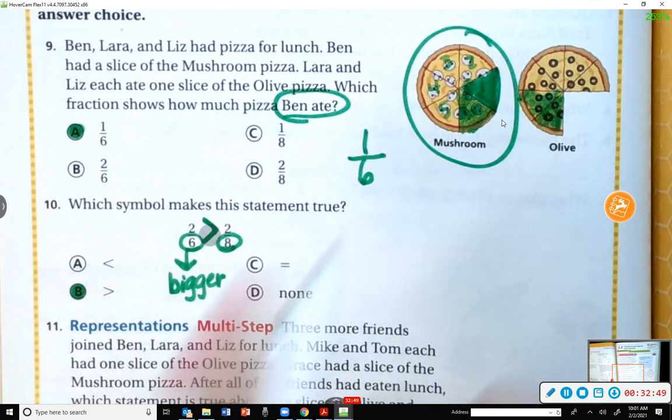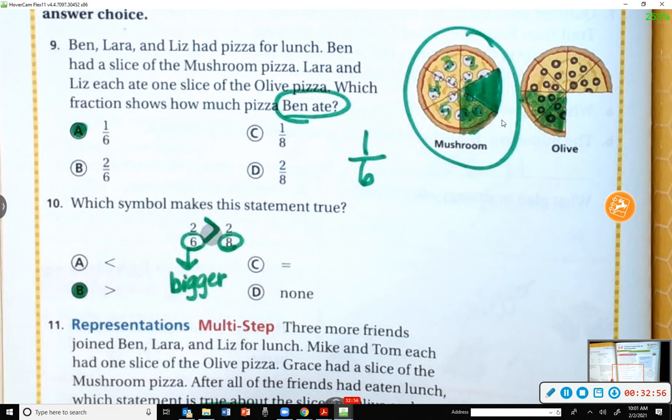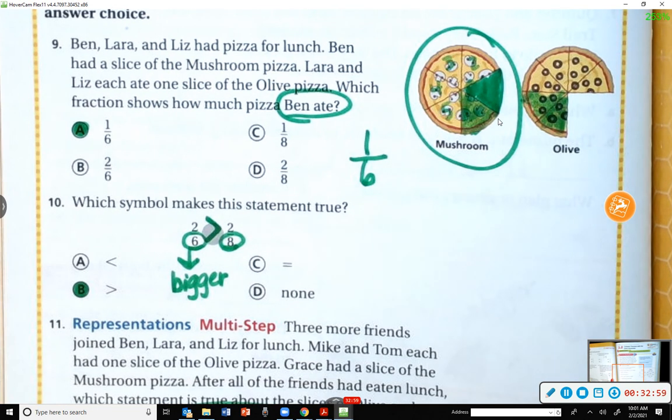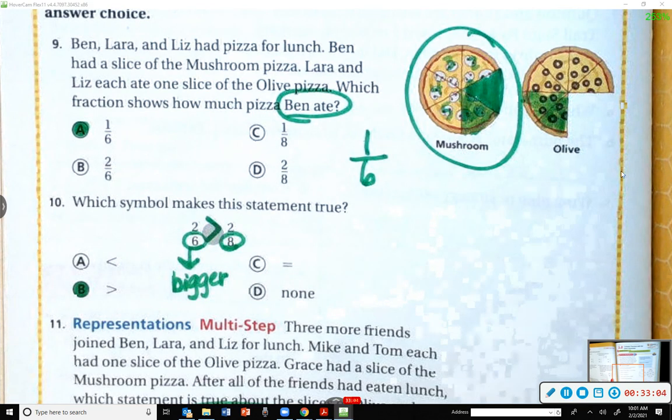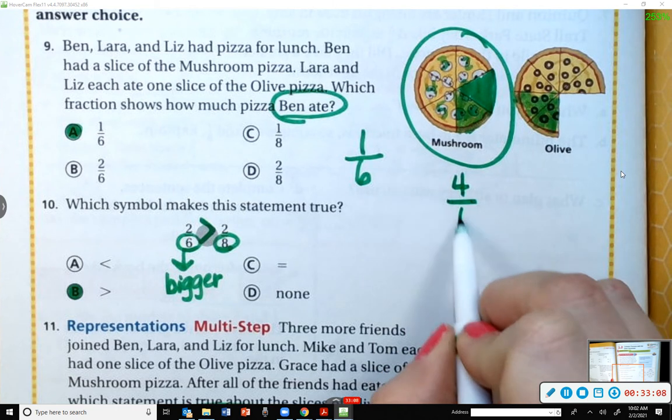So let's look at the mushroom. How many pieces are left? Allie? 4 are left, Aaliyah? 4 out of how many total? 6. Good.